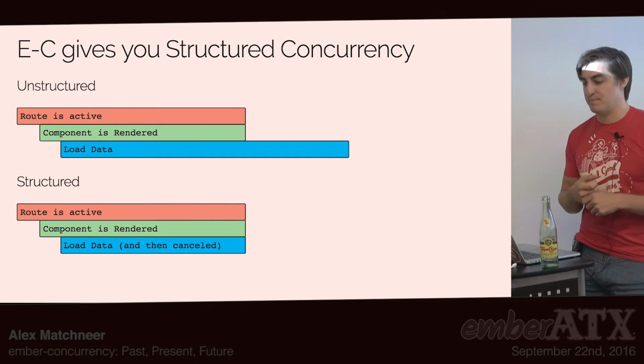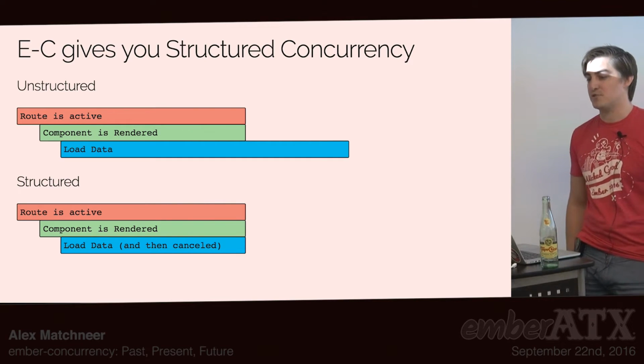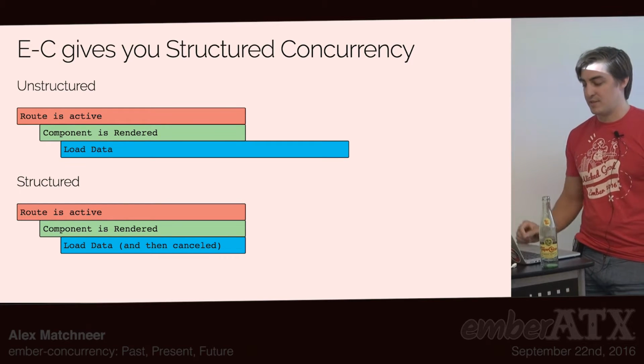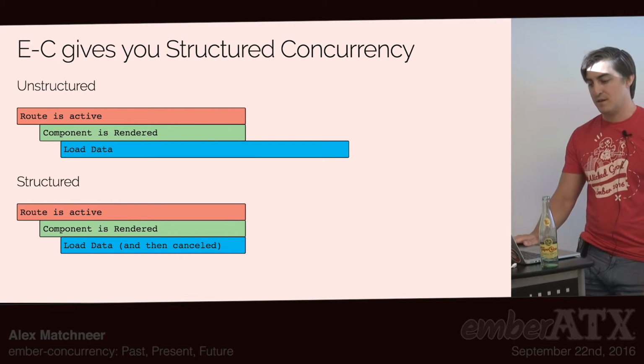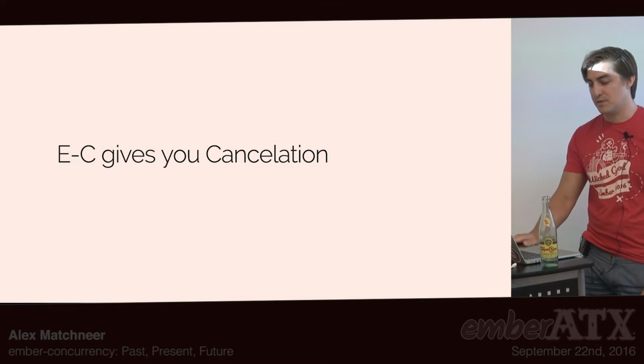If you don't, then maybe some callback fires and you try to set some properties on an object that doesn't exist anymore. Every framework has its own version of what that error looks like, but it's a really annoying thing, and it's pretty hard to box in without the right tools. So that's the central thing that Ember concurrency gives you.